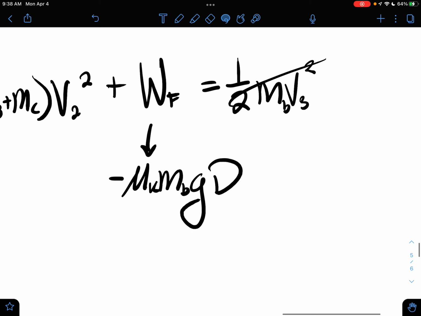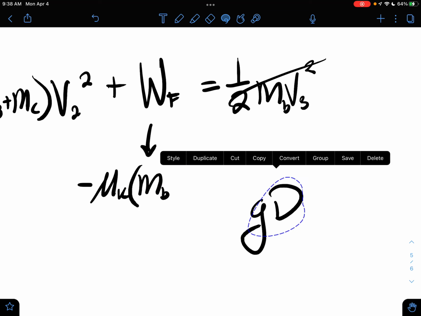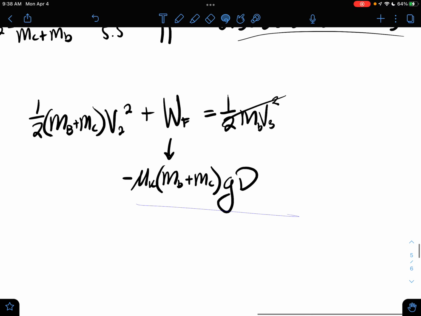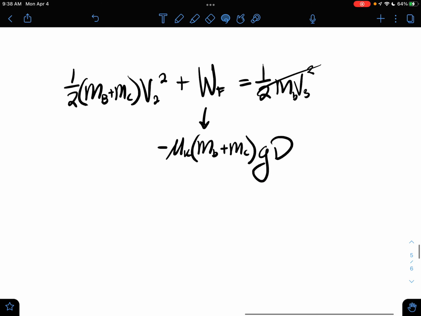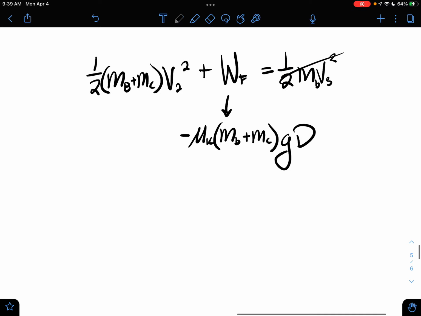And now the work done by friction, same thing. It's not just the mass of the box, it's the mass of the box plus the mass of the clay, because both have some gravity and both have some normal force. But the box is the one touching the ground, so that's the mu we're going to use. And again, we're ending at rest, so it doesn't matter what that is.